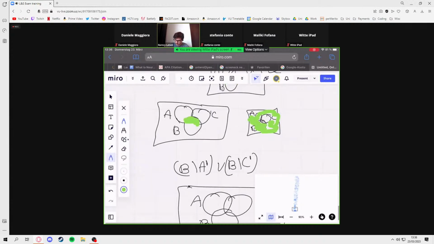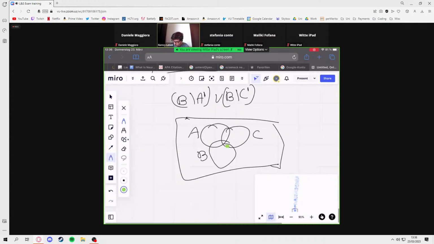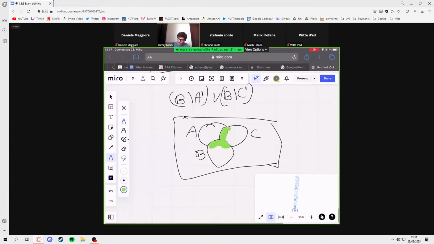We're gonna do the same for C, and since it's the same formula, we unionize both, and then we take from what's in B and C. And that's basically it.